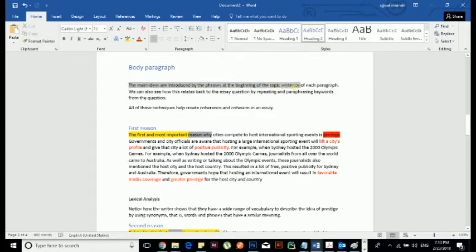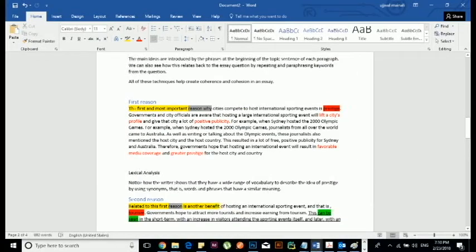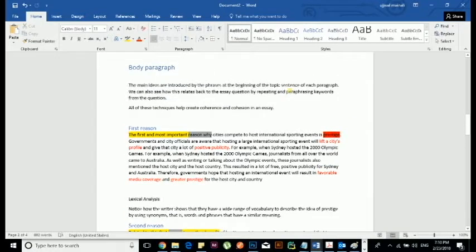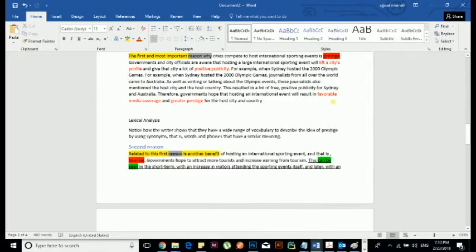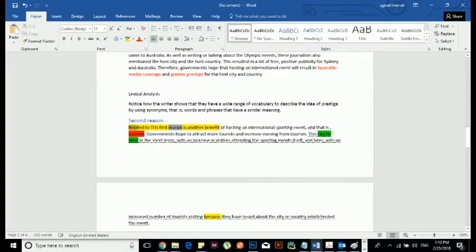Okay, look at here. The main ideas are introduced by phrases at the very beginning, in the topic sentence of each paragraph. The first and important reason why cities compete to host international sporting events is prestige. So it's a matter of prestige, and that has been introduced at the very beginning of the paragraph.